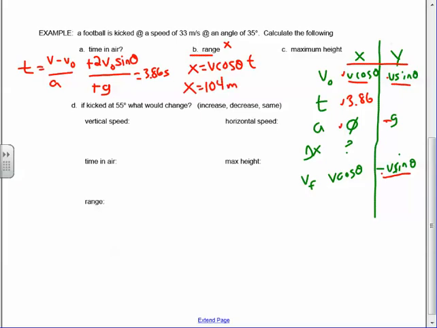And then lastly, height, all right, that's y max. Okay, so again, we're going to go to the y column, and I can use this information. I also know that the time, while the full time is 3.86, it's 1.43 for the half time. So that gives you two choices for equations. I'm going to go base mine on not using the time and basically say at the peak this is going to be 0.